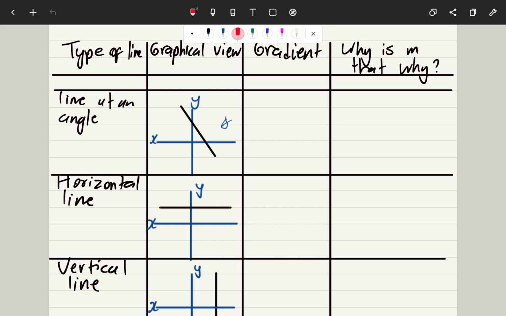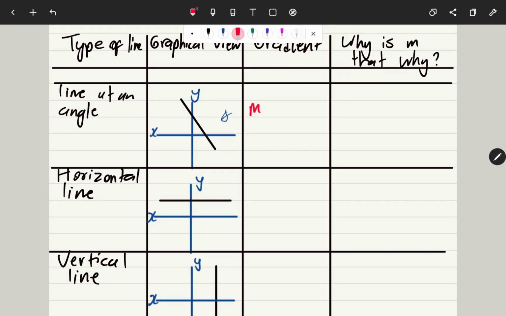If you have any line on your Cartesian plane that is at an angle, in simple terms, any line that is not your y-axis or your x-axis, or parallel to any of them, that's the most correct thing to say, then your gradient is simply going to be what we were saying.